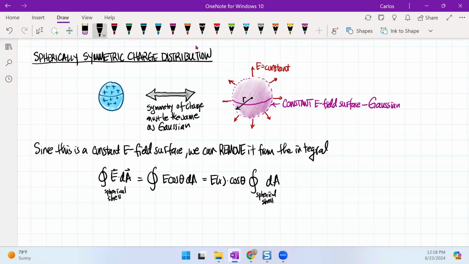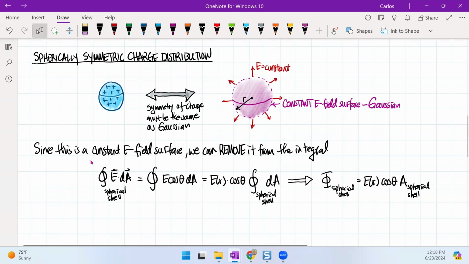What Gauss's law tells me is that the flux of a spherical shell is E of r cosine theta times the area of this spherical shell. That is a really, really powerful statement.